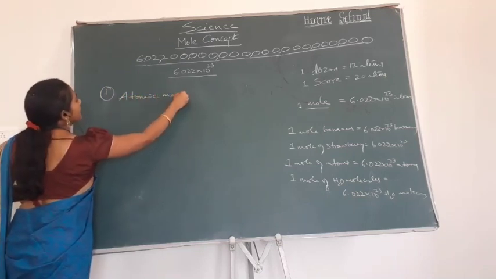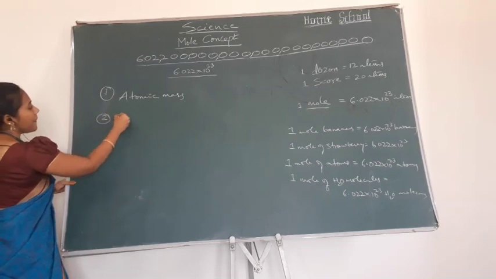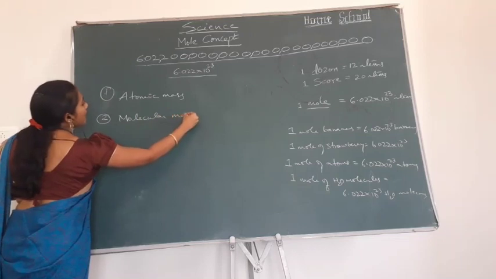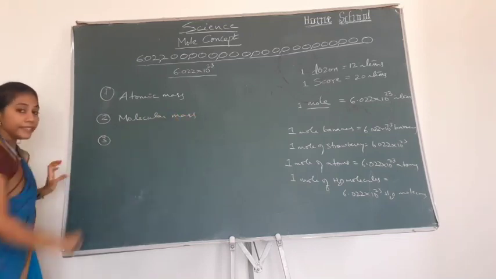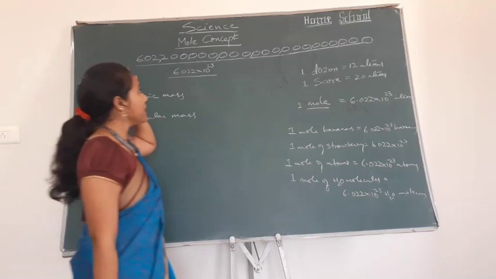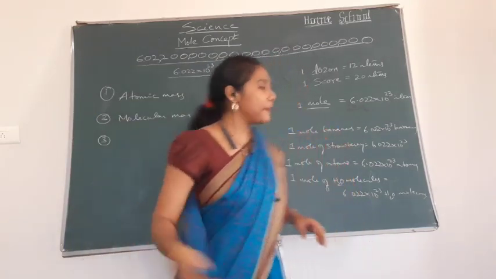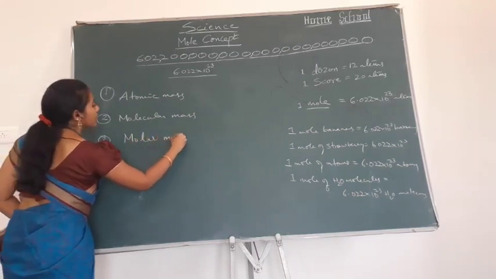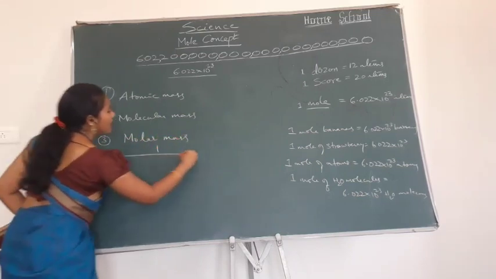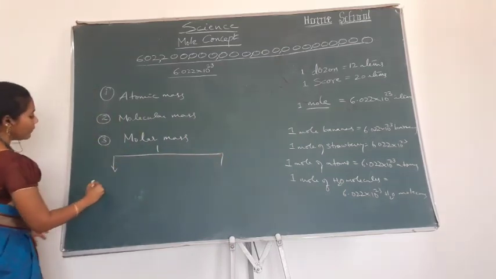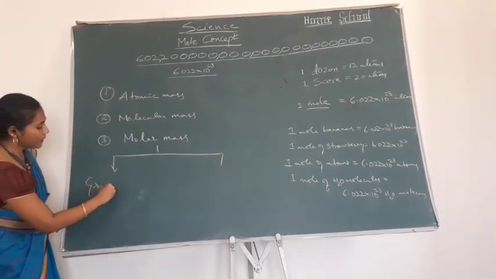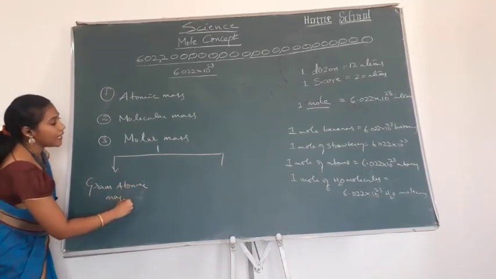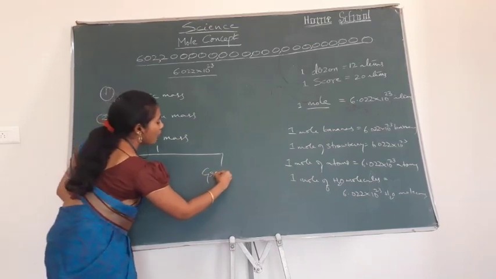The second is molecular mass. And the third important term, very essential to understand the mole concept, is molar mass. Here molar mass is of 2 types: one is gram atomic mass, and the other is gram molecular mass.